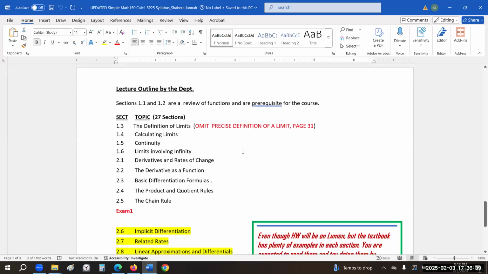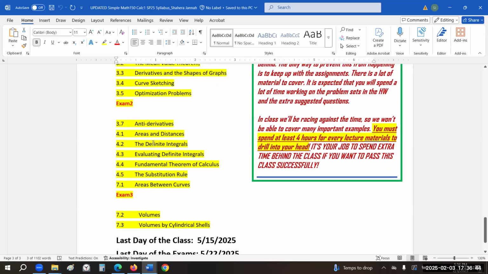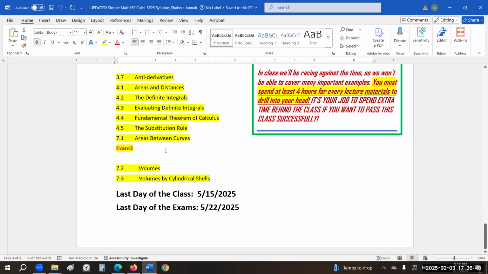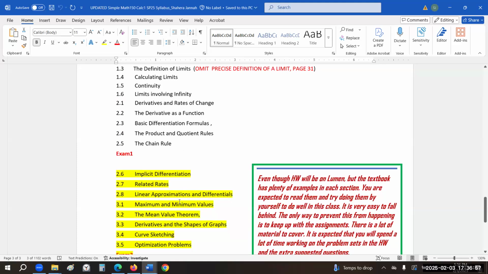In the old syllabus, all these sections are different, so I highlighted all the new sections that I'm going to cover. Good news is that chapter 1 up to 2.5 has the same materials.